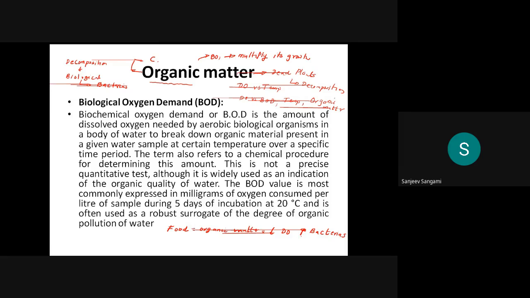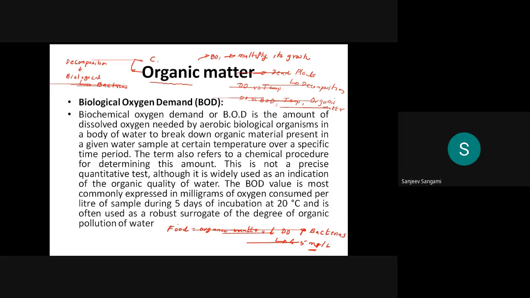This is not good for aquatic systems, because sufficient dissolved oxygen should be there in the water, a minimum of 4 to 5 milligrams per liter.